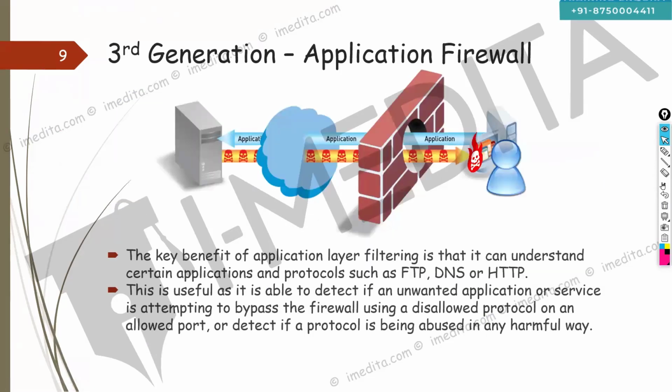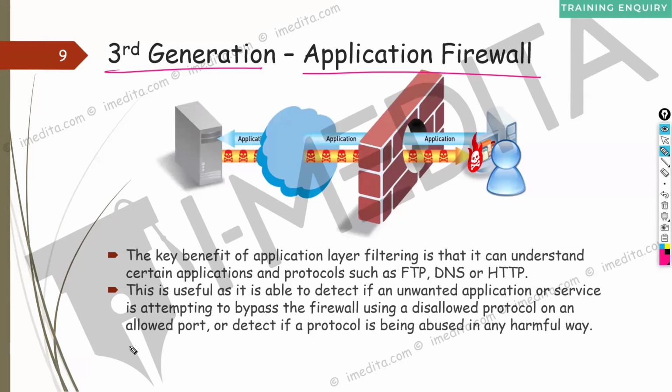Next we have here third generation. Third generation is application firewall. Now, when we discussed packet filtering, the disadvantages were that it is not scalable, and you can't create or maintain complex ACLs.